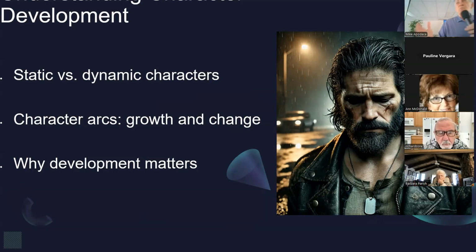How many of you have read a book that had an incredibly static character in it? Was it one of the best books you ever read? No. Okay. Dynamic characters, on the other hand, are characters that undergo meaningful change.